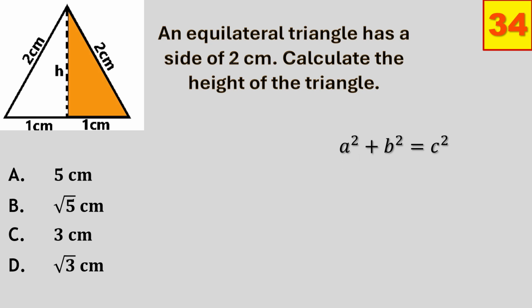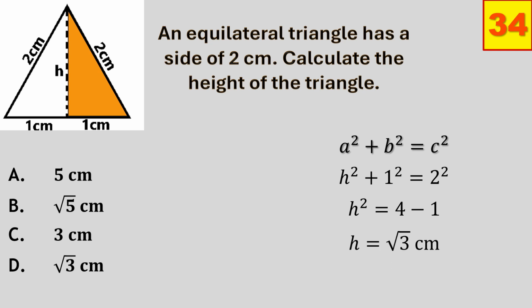Using Pythagoras' theorem, c is the longest side of the right-angled triangle, or the hypotenuse, while a and b are the other two sides, h and 1. 1 raised to the power of any number is still 1, so subtract 1 from both sides. 4 minus 1 is 3, so h is equal to the square root of 3.